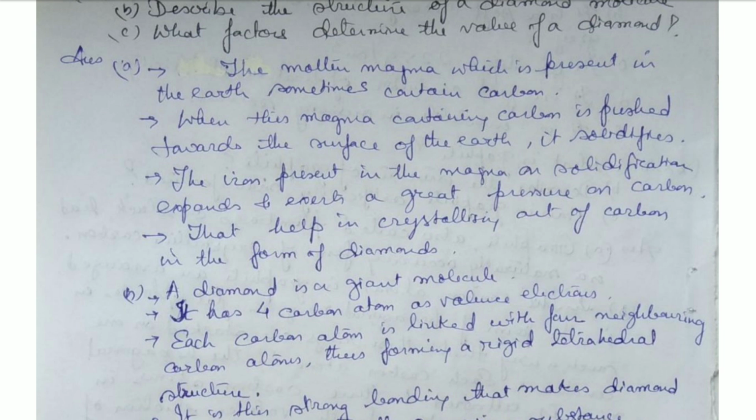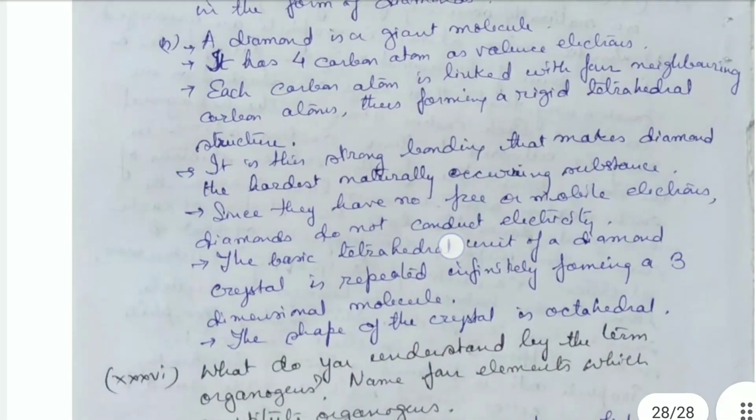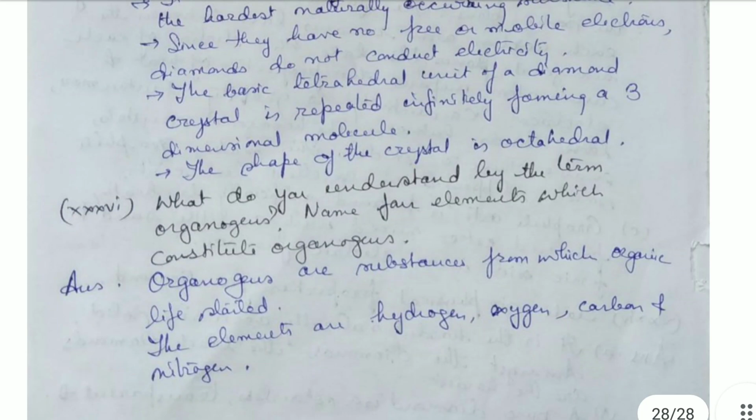The colorful diamonds are not as pure as the colorless diamonds. So the bigger, more transparent, clearer and more colorless the diamond, the more valuable it is than the other ones.